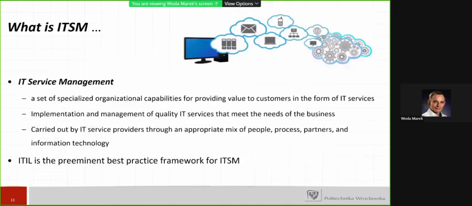So we know in general what ITIL is, but there is also a term ITSM, IT service management. This is also a class of systems which support managing IT infrastructure through the framework of the ITIL processes.